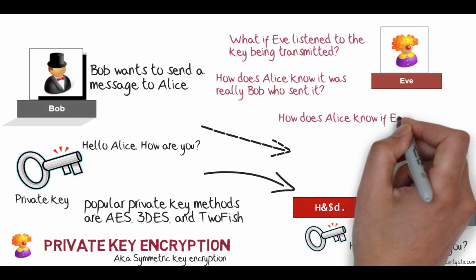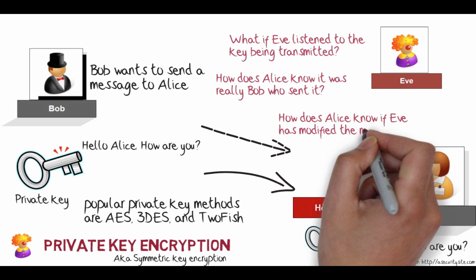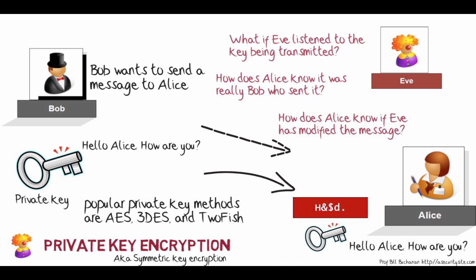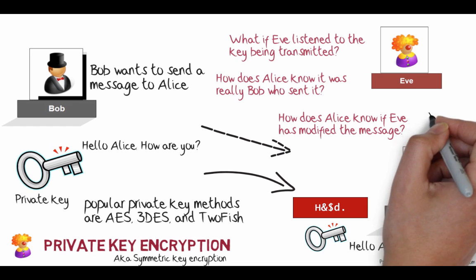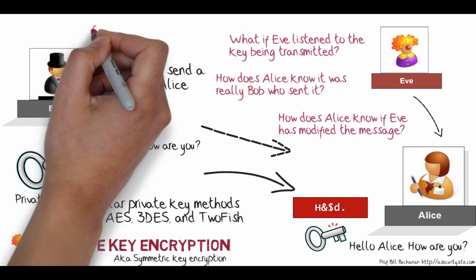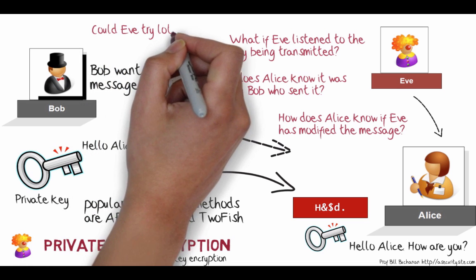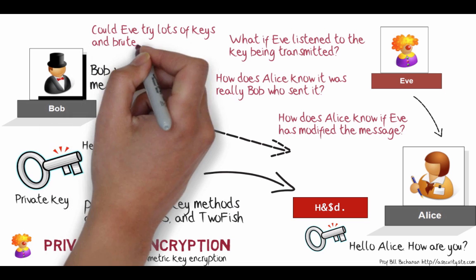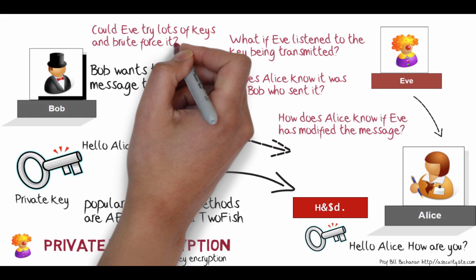The next question is, how does Alice know that Eve hasn't modified the message in its transmission? And the final question that we ask is, could Eve try lots of keys and actually brute force it?